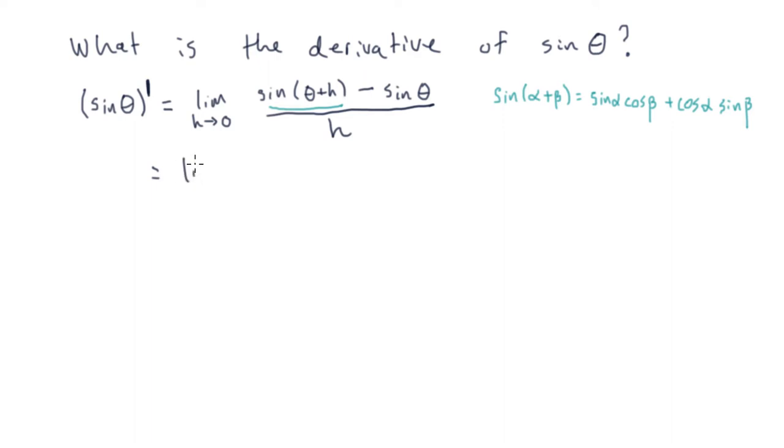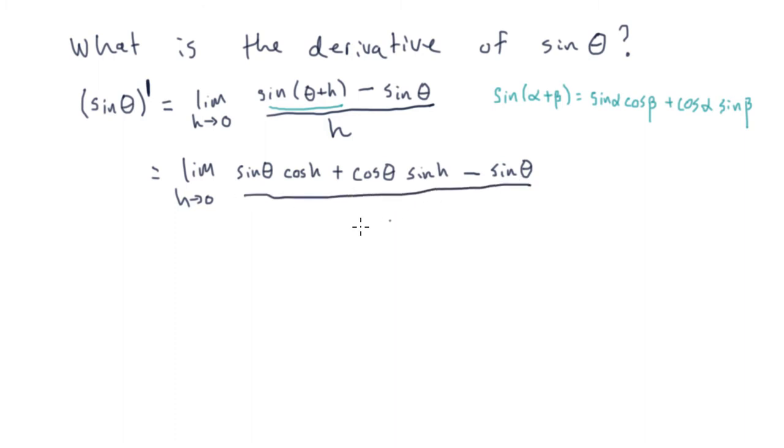So what do we have? The limit as h goes to 0. Now we can rewrite this as sine theta cosine h plus cosine theta sine h minus sine theta, and then all of this is divided by h.